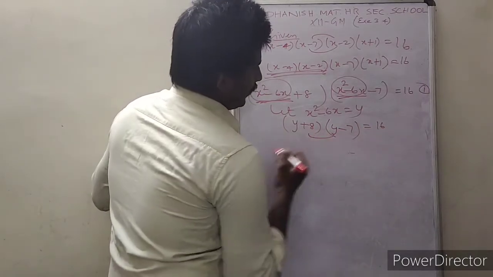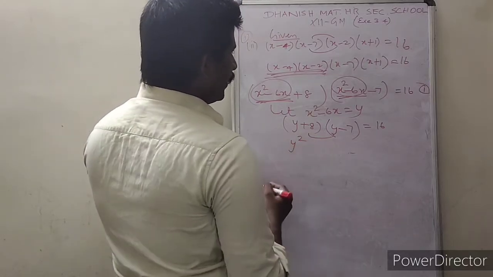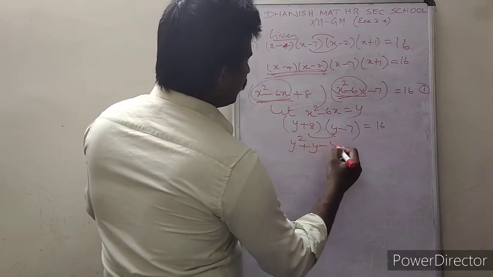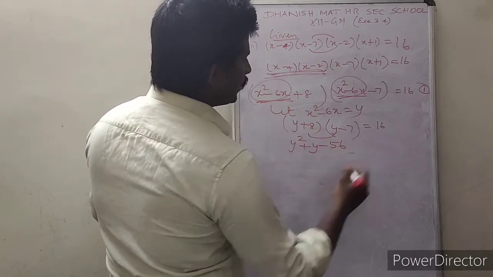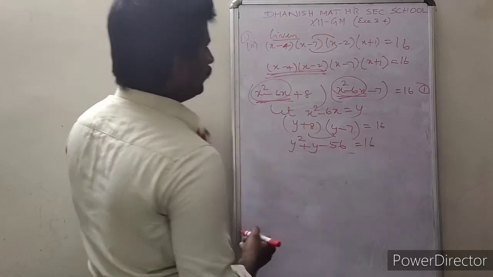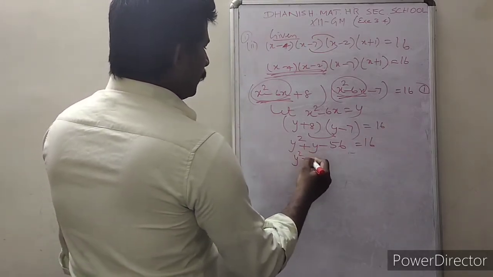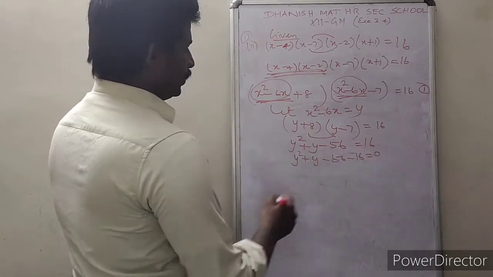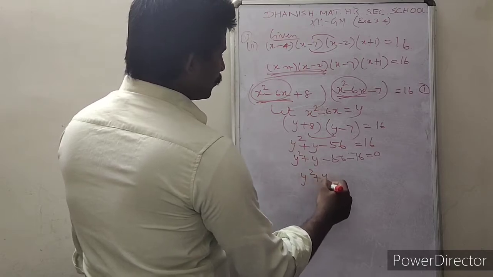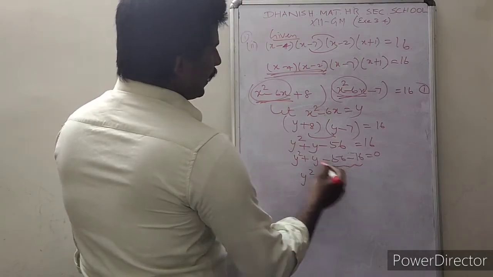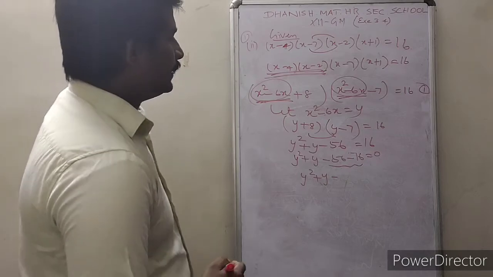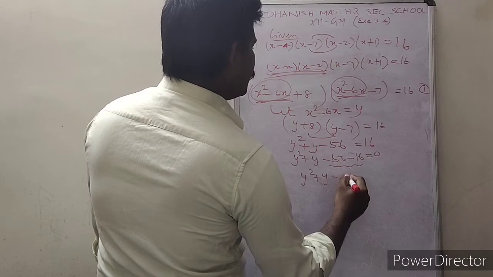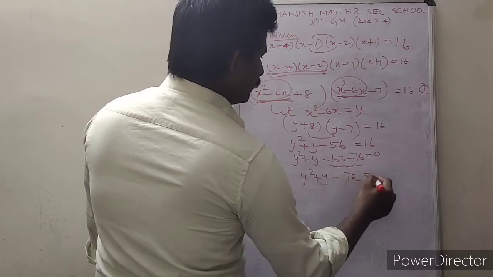So the next step would be y square plus y minus 56 equal to 16. y square plus y minus 56 minus 16 equal to 0. So the next step would be y square plus y, here we are having minus 56 minus 16. So what will happen? Equal to 0.